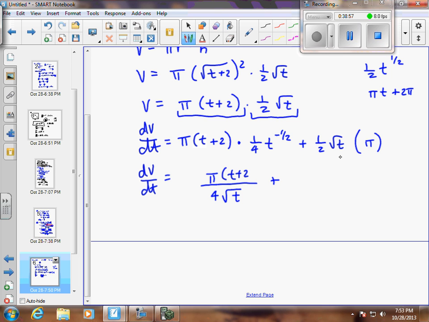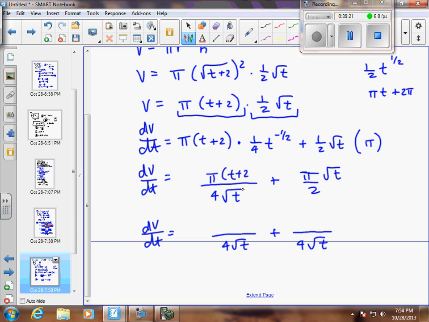And this other one is pi over 2 square root of t. And now I need to get a common denominator. 4 square root of t. That's okay.